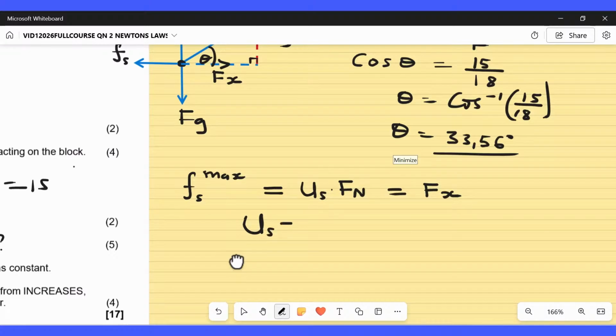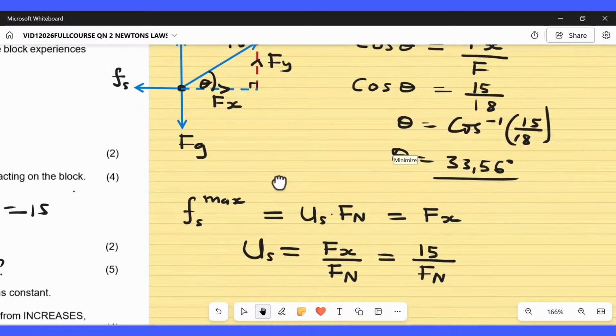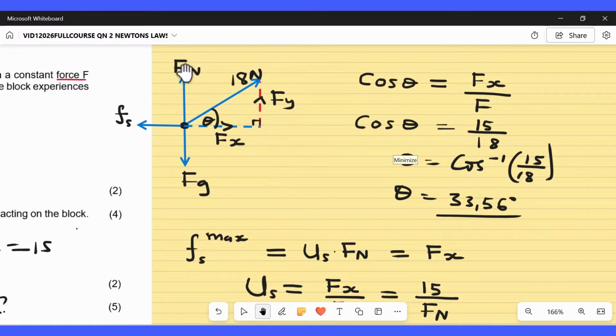Now if you look at our diagram here, the normal force together with the vertical component are all pointing up. They're equal to the Fg. So in this case, our F normal with the vertical component Fy equals Fg, the force of gravity or the weight.